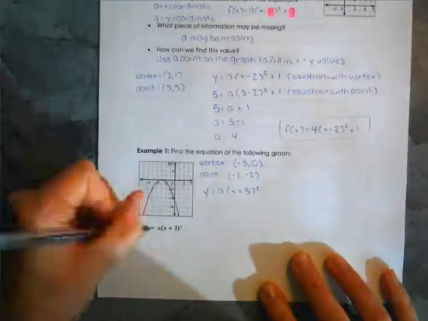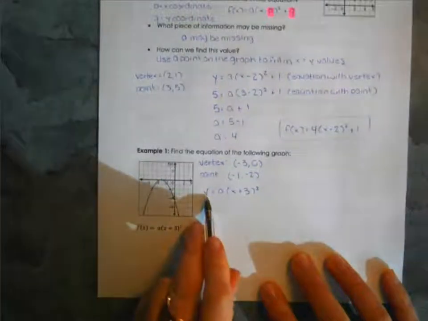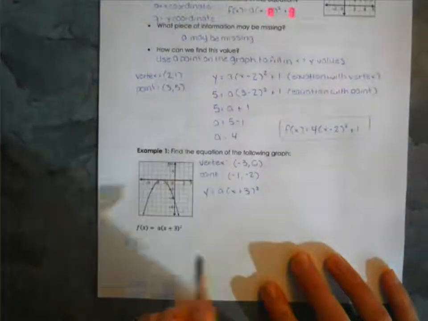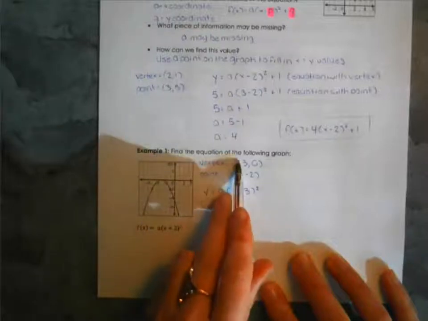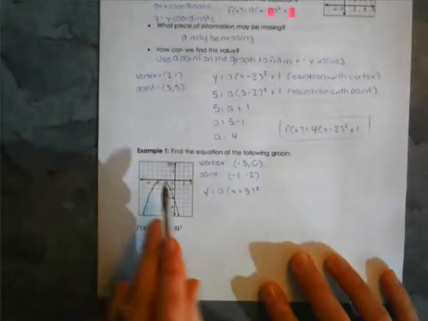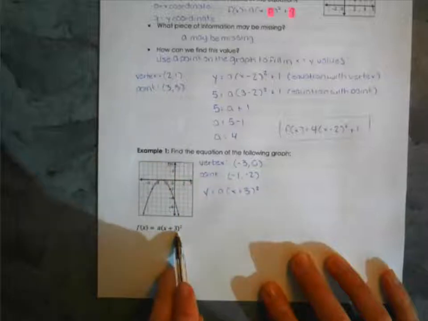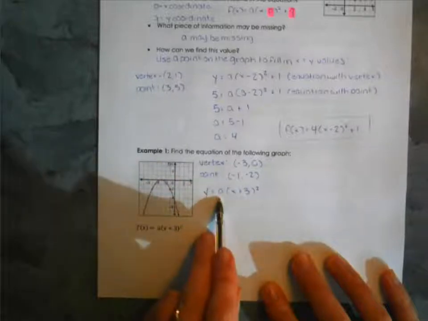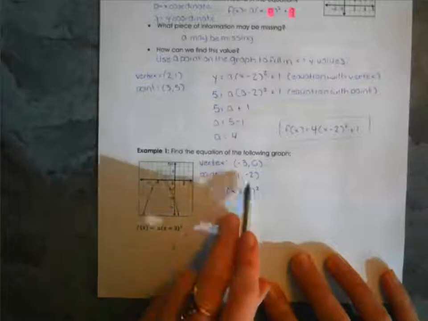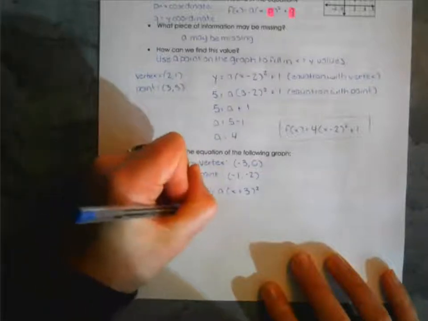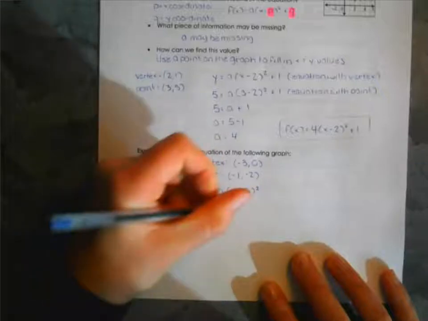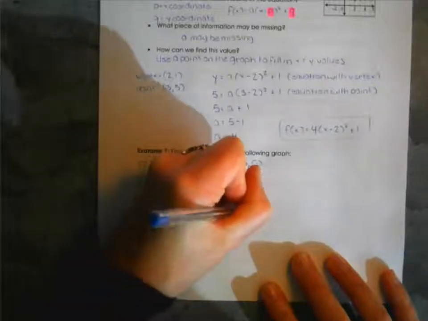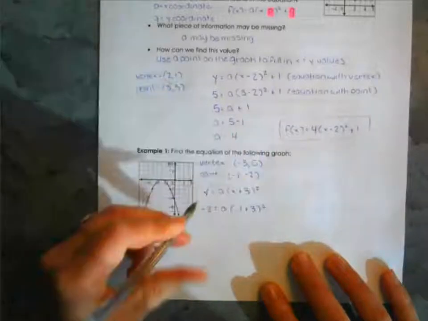Okay, so all I need to do now is substitute in my values for the point here, because the 3 that we had, that offset the vertex, was already included in the equation we were given. So now I just have to put in my point. So the y value for my point was -2, is equal to a times my x value, which was -1, plus 3, squared.